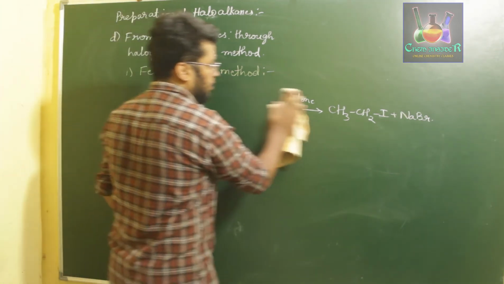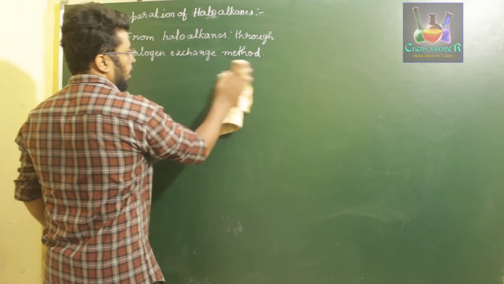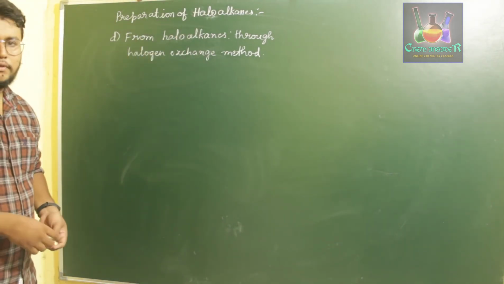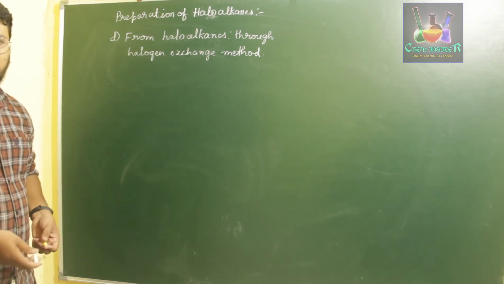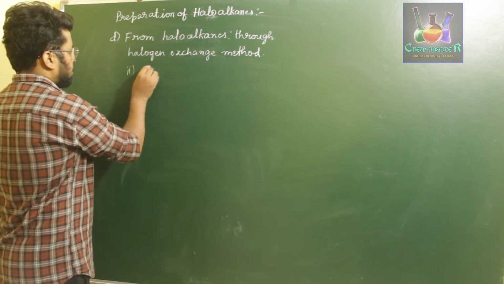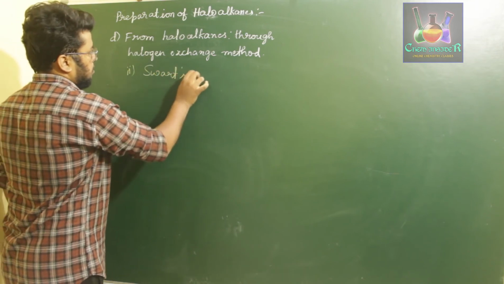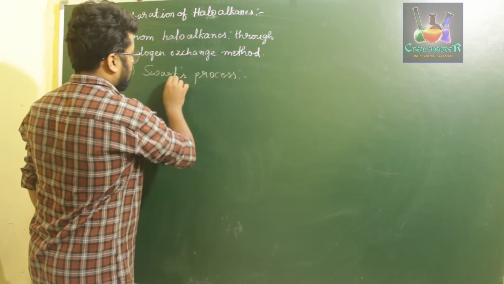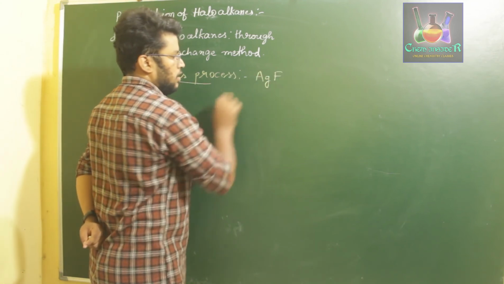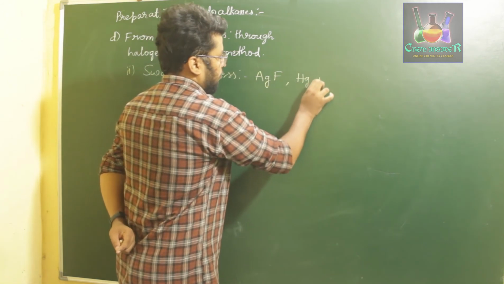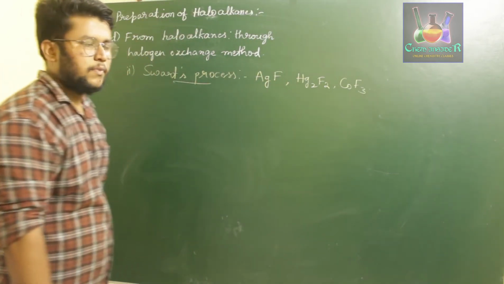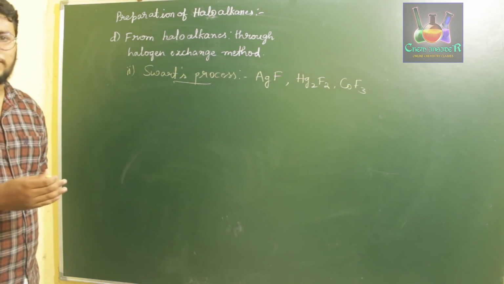Next is the Schwartz process. In the Schwartz process we treat our haloalkane with metallic fluorides such as mercuric fluoride, silver fluoride, or cobalt fluoride, etc. So in this second method of preparation, we treat our haloalkane with compounds such as AgF, silver fluoride, Hg2F2, mercuric fluoride, CoF3, cobalt trifluoride, etc. in order to replace the respective number of halogens from our haloalkane.